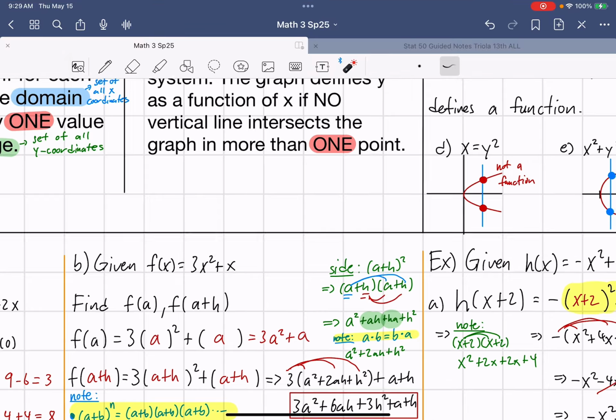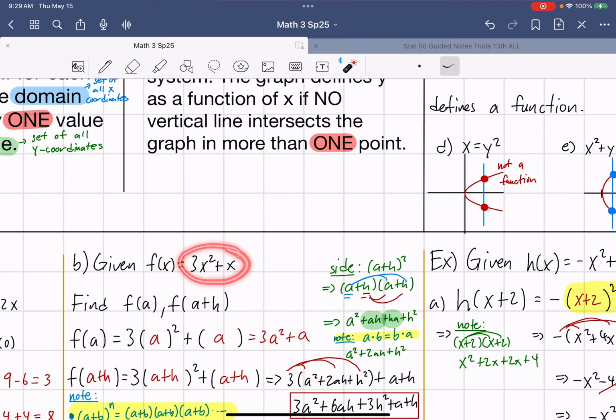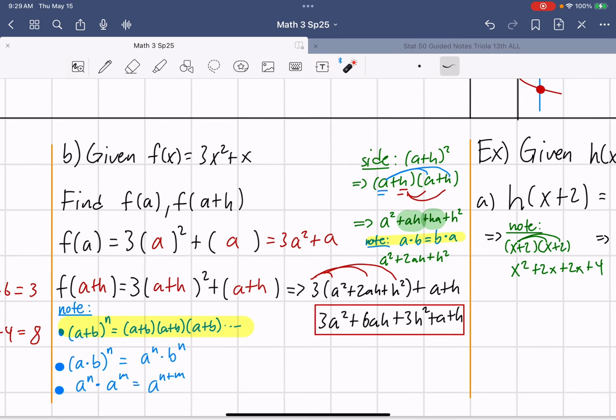It's the same one as this 3x squared plus x. So this all simplifies to this one right here. The only difference is instead of the a being a, all those a's are going to be x's.